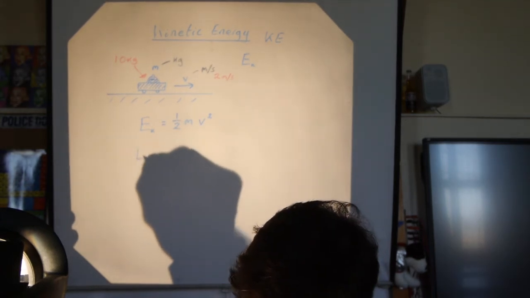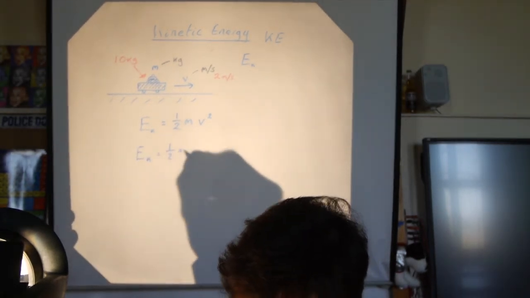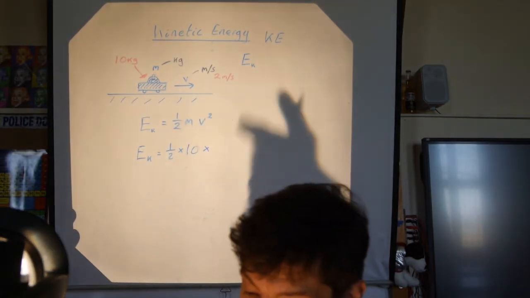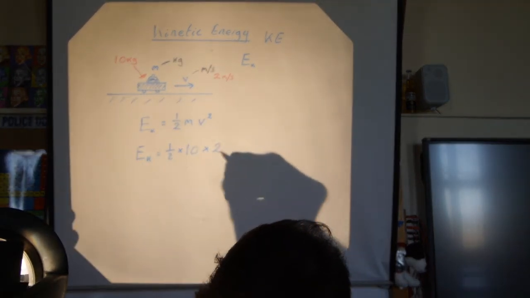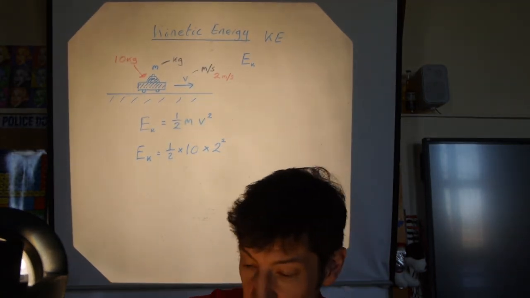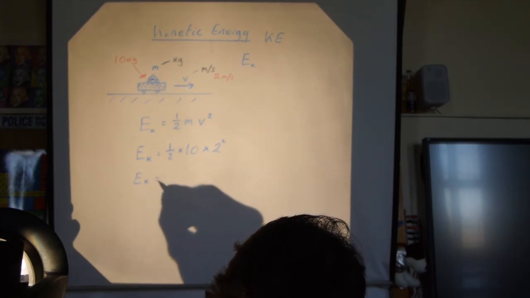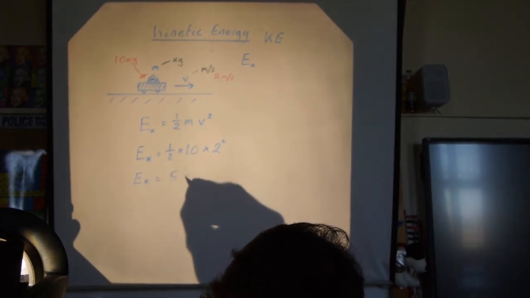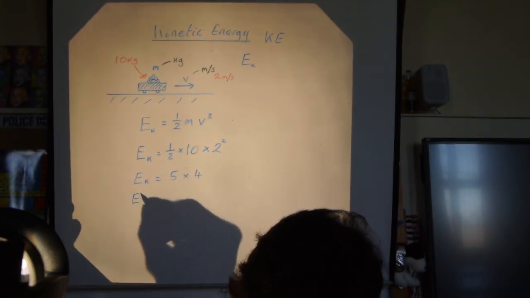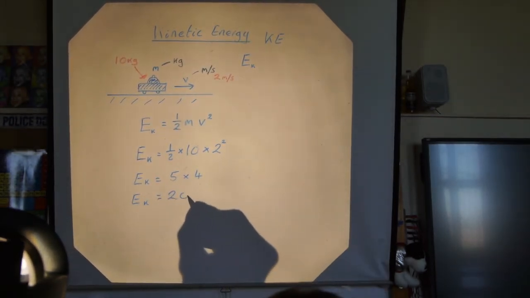The kinetic energy of this moving object will be a half times the mass, which is 10, times the velocity, 2 squared. So half times 10 is 5, times 2 squared, which is 4. So the kinetic energy of this trolley will be 5 4s are 20.